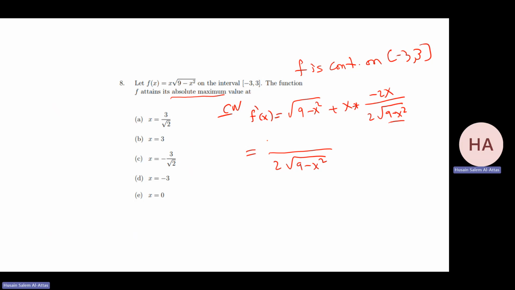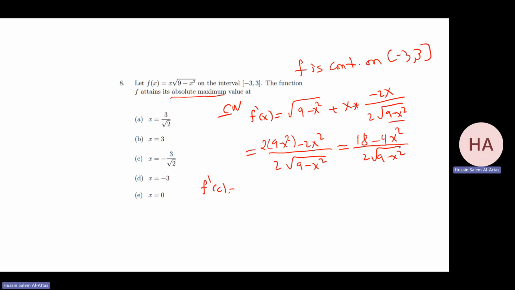In the numerator, I have 2 times 9 minus x squared, minus 2x squared. That gives me 18 minus 2x squared minus 2x squared, minus 4x squared over 2 root 9 minus x squared.